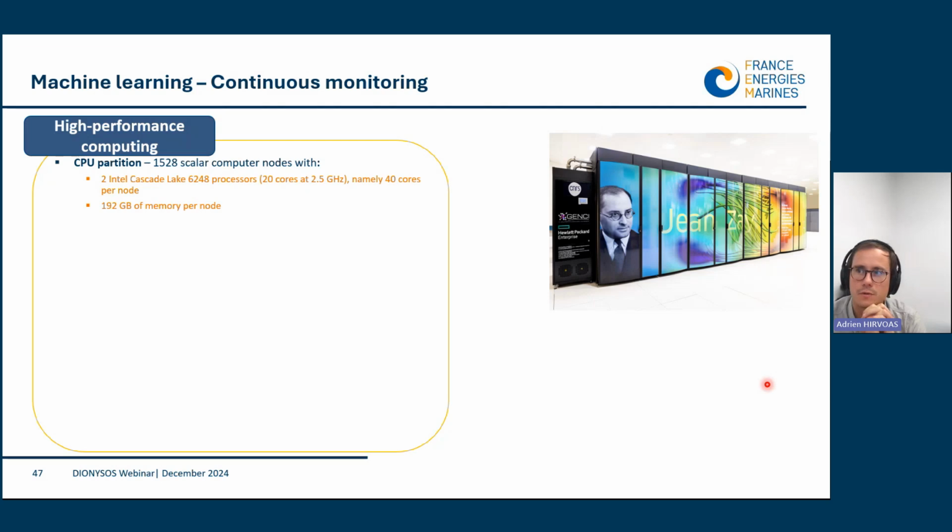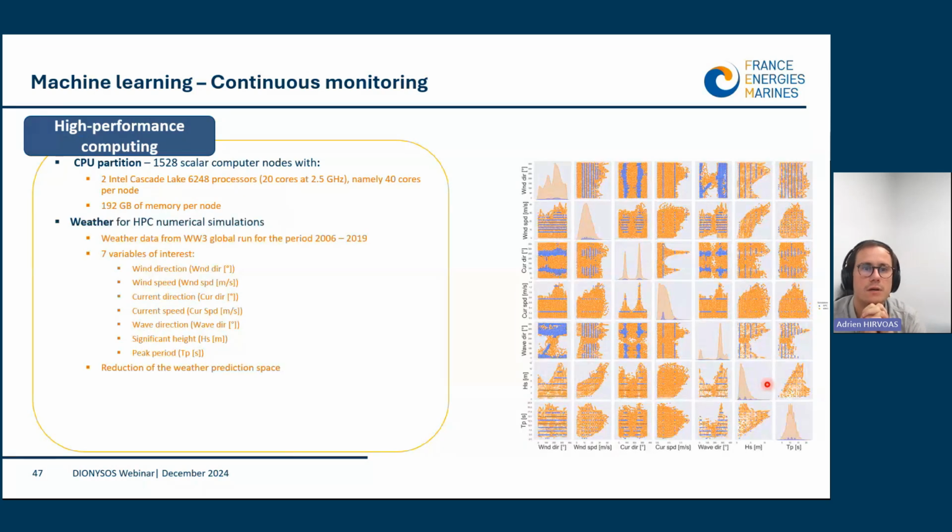For the training of our deep learning architecture, we had to consider several inputs from the weather at the location of interest. We decided to use a hindcast database of several years, and we had 7 variables of interest related to the weather solicitation in Norway.